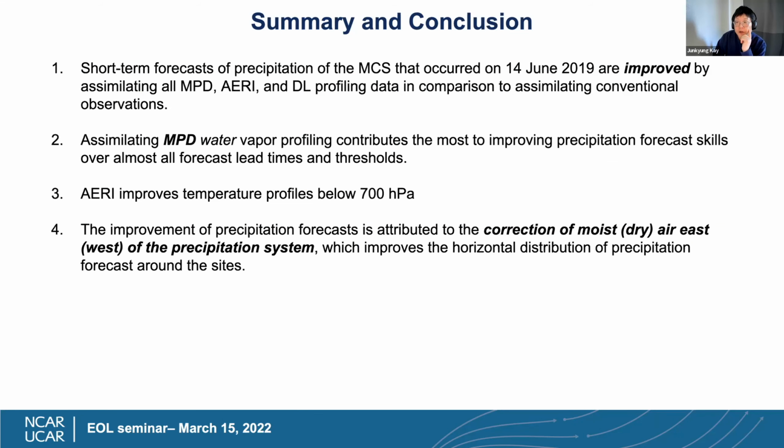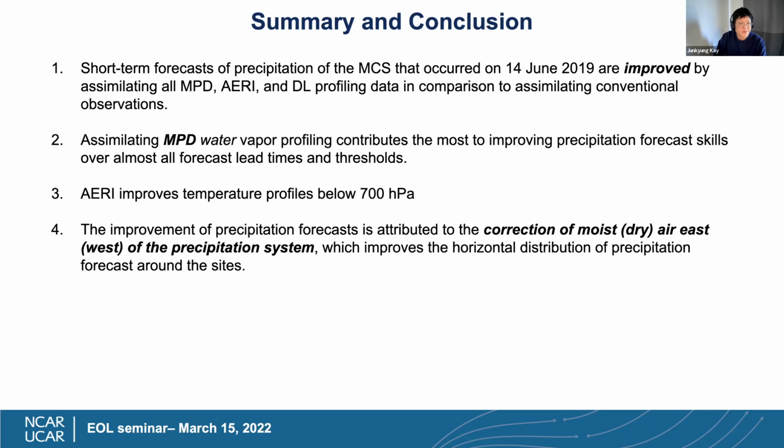This is the summary of our OSE study. The short-term forecast of precipitation of the MCS is improved by assimilating all MPD, ARI, and Doppler lidar profiling data compared to the conventional observation.